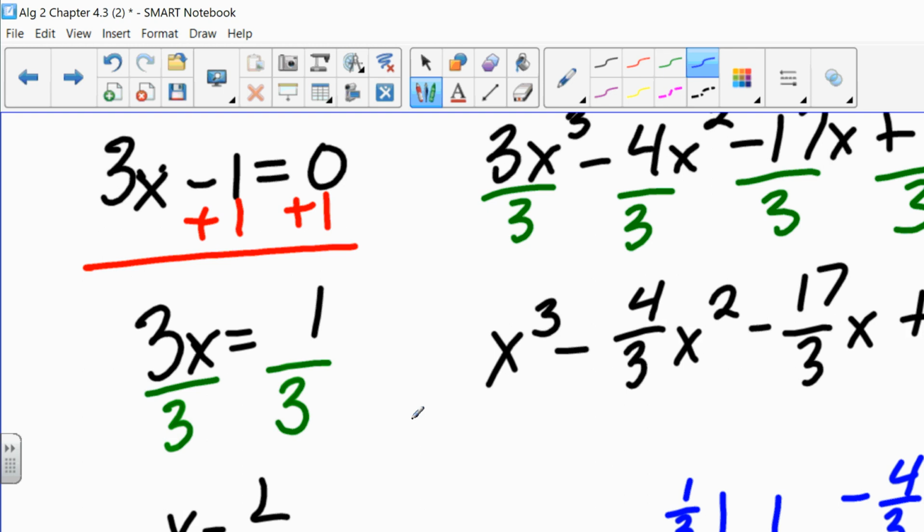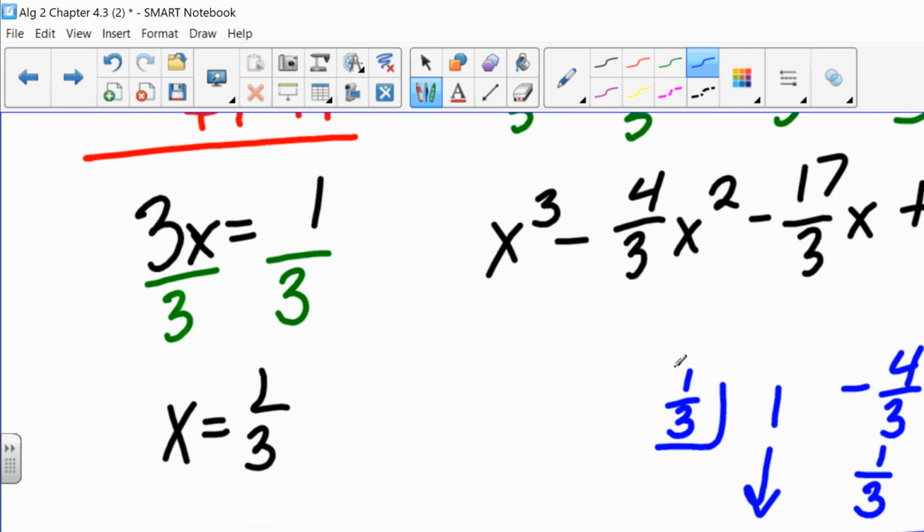1/3 times 1 is 1/3. What is -4/3 plus 1/3? It would be -1. And 1/3 times -6 is 1.